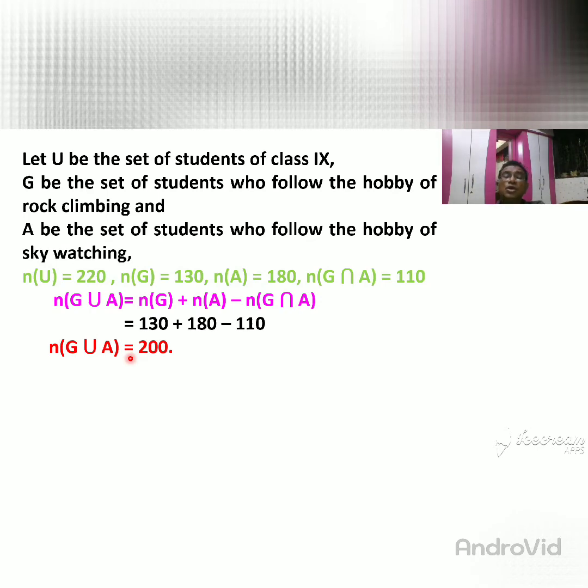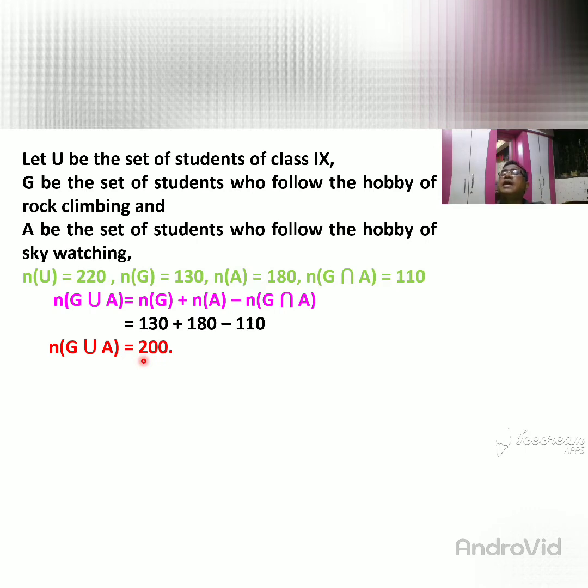Is that clear? So 200 students have at least one hobby, that is, either rock climbing or sky watching. So 200 students have hobbies.